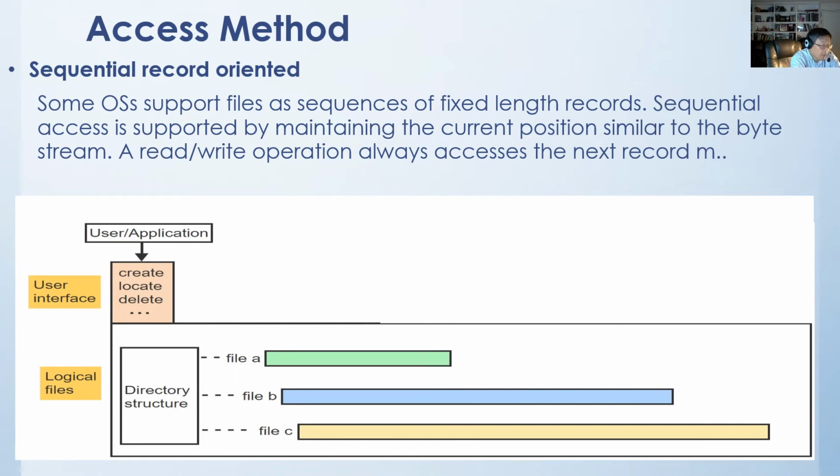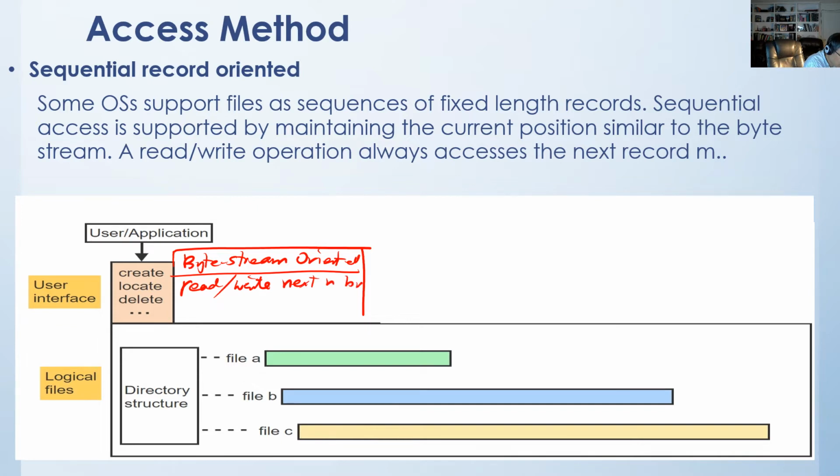In previous slides, we mentioned that certain operating systems support files as unstructured strings of data. These can be accessed sequentially using the byte string oriented operations. For example, you can use read or write next n bytes.